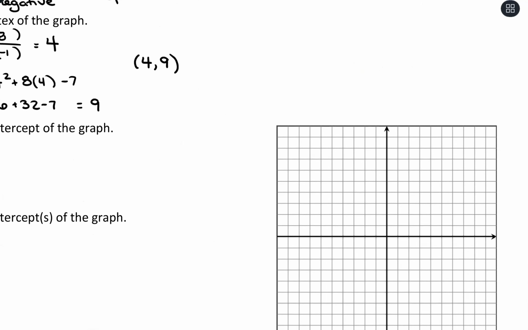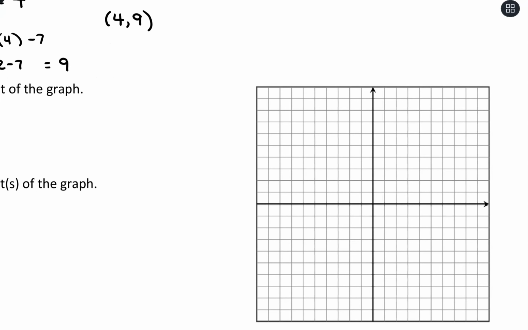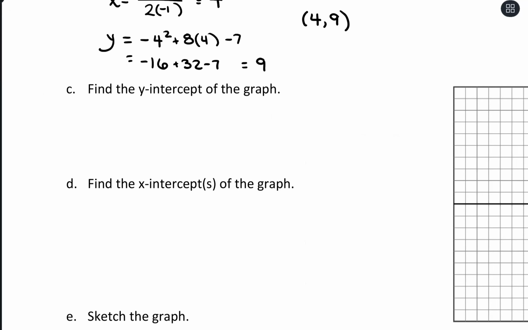If we needed the axis of symmetry, it would be at x equals 4. Okay, let's go in units of 1. We have our x-axis and our y-axis. We're going to go 4, then 3, 6, 9, and there's our vertex. And then I can visualize that axis of symmetry to help out as I start plotting some points.